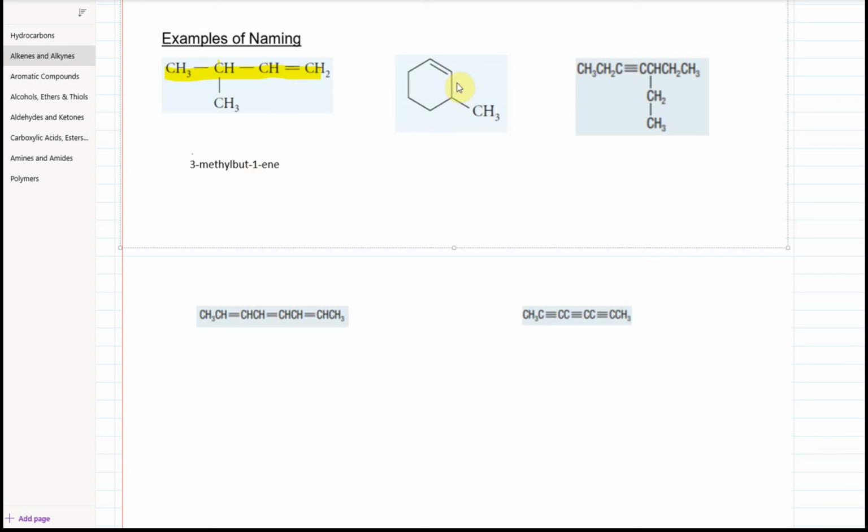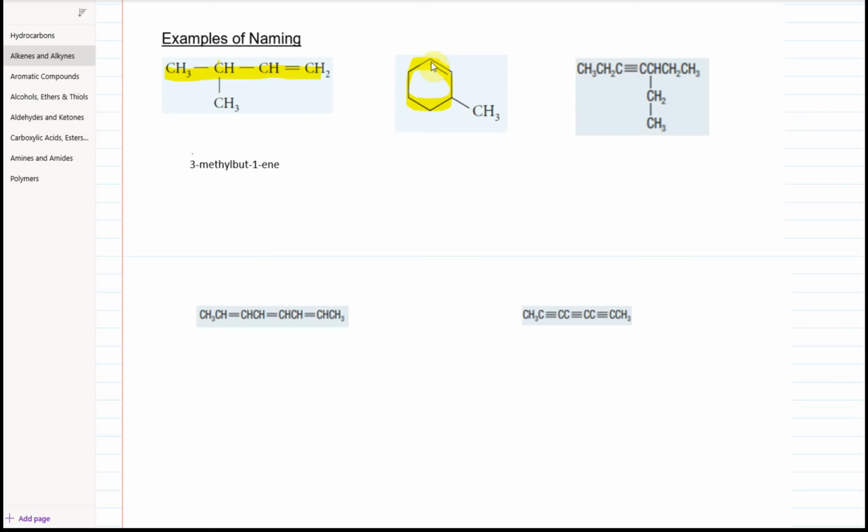In this molecule, the longest continuous chain is the ring. When we go to number this, again, we want to make sure that we're focused on putting the lowest possible numbering on the double bond. You can play around with this for a while, but what you'll find is that the numbering must pass through the double bond, and it must be the lowest possible case.